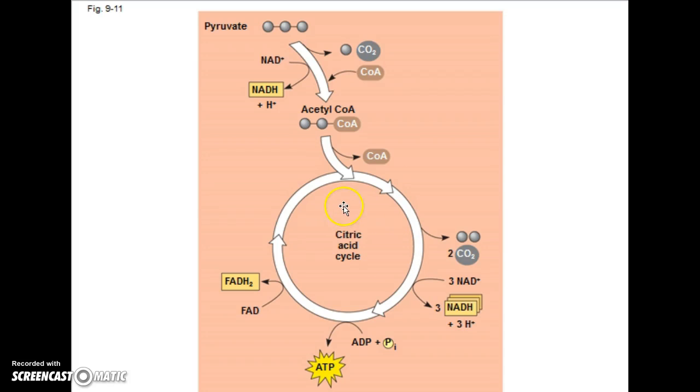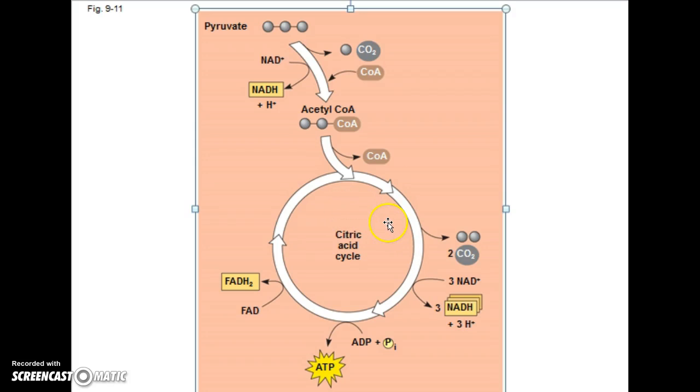The cycle oxidizes organic fuel derived from this pyruvate that we had coming in, generating 1 molecule of ATP, 3 molecules of NADH, or electron carriers, and 1 molecule of FADH, another electron carrier, per turn of the cycle here. So we're going to be looking at this in further detail.